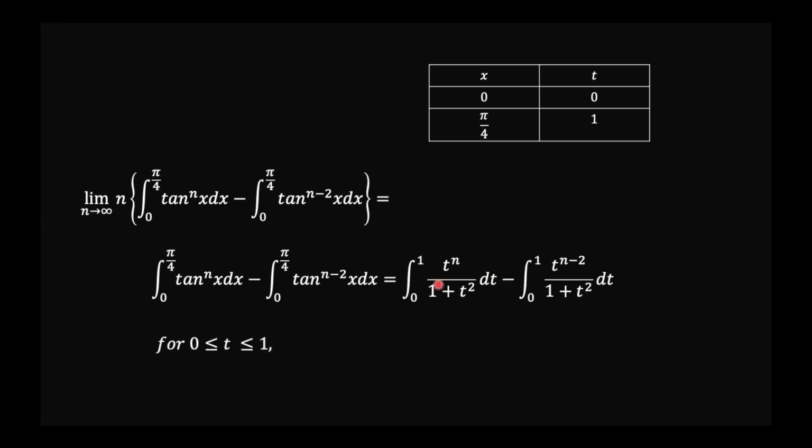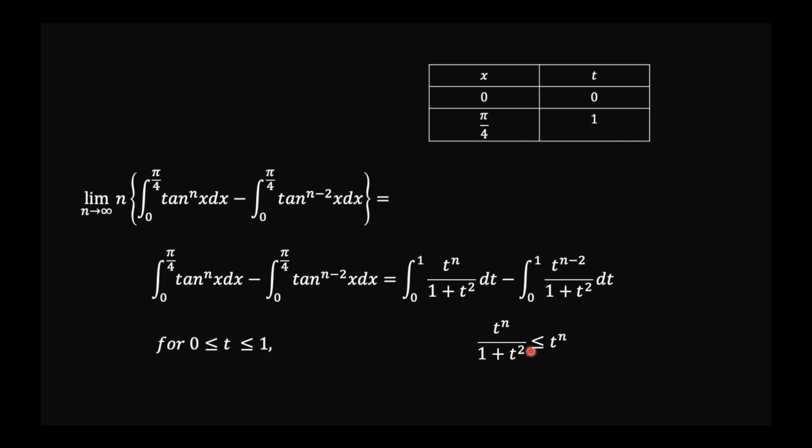Because our region of interest is 0 to 1, when t is in between there, it means that t to the power n over 1 plus t squared is less than t to the power n.